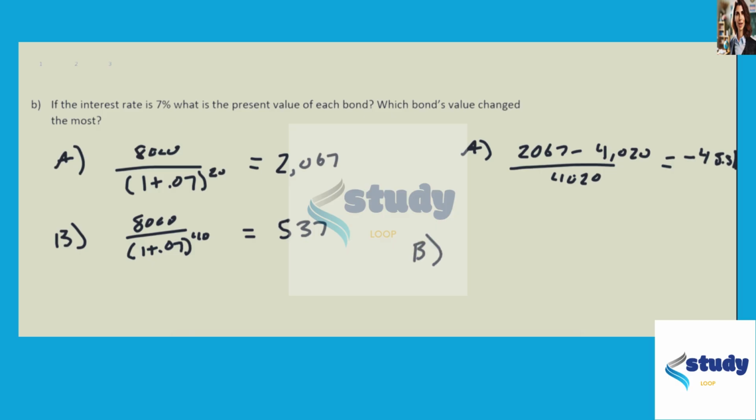For bond B, we do the same thing: 537 minus 2020 over 2020 equals minus 0.735, or minus 73.5%. So we see that the 40-year bond is more sensitive. The decrease in the price is greater.